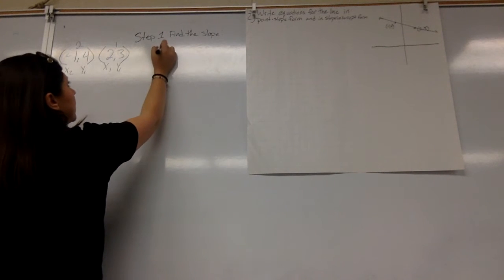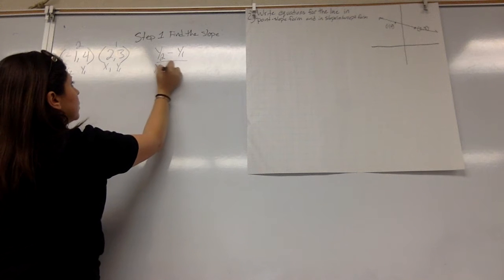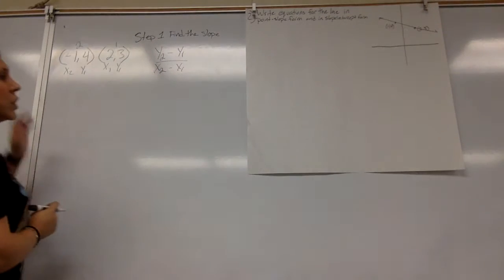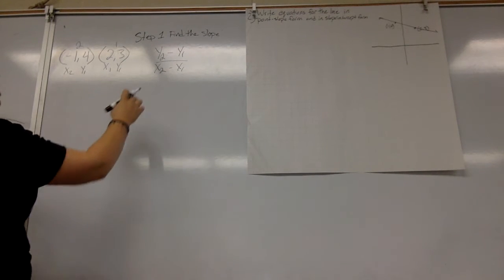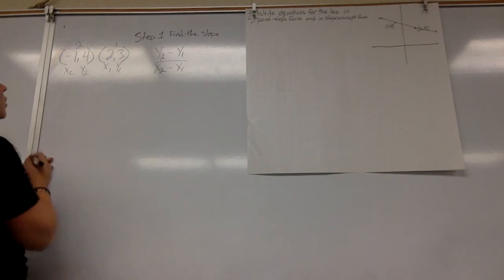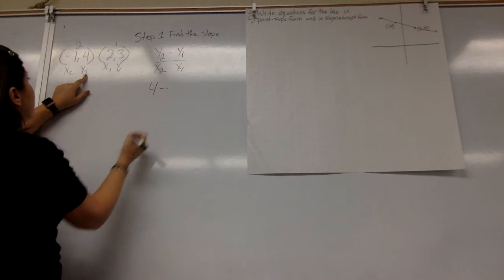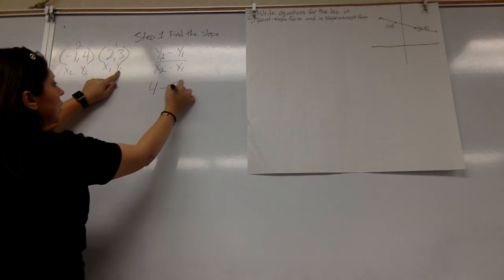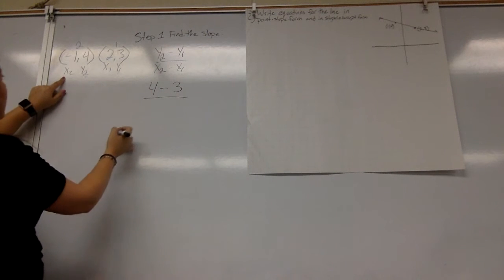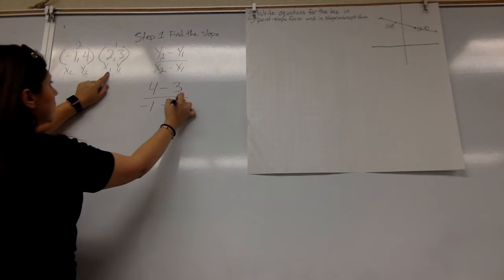So our formula again is y2 minus y1 over x2 minus x1. So we're going to look for y2. Oops, I made a mistake right there. Sorry, y2. And my y2 is 4 minus y1 is 3 over x2 is -1 minus x1 is 2.